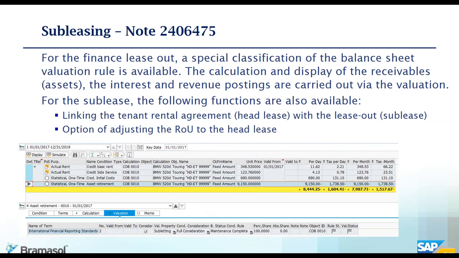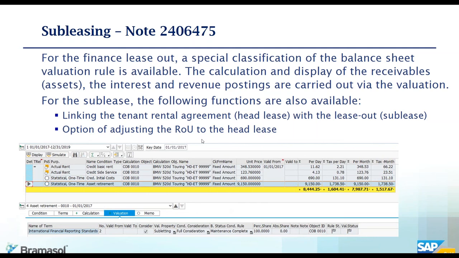We also provide the ability to adjust or assign a sublease to the master lease, so it'll support your reporting. I can see, here's my primary lease, and here are the corresponding subleases for this agreement.